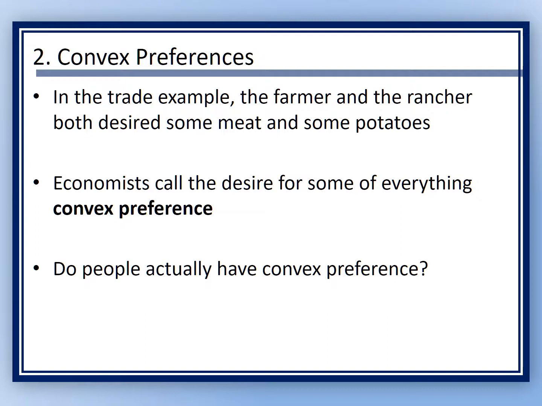Do people actually have convex preference? I think it depends. It's fair to say that overall, in terms of what you have, you want some of every type. No one wants to spend all their money on clothes and not have a smartphone, and no one will spend all their money on smartphones and not have any shoes.